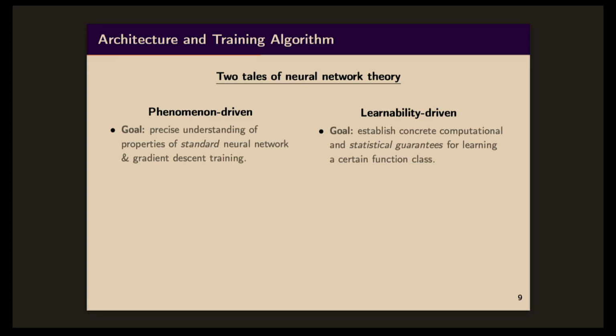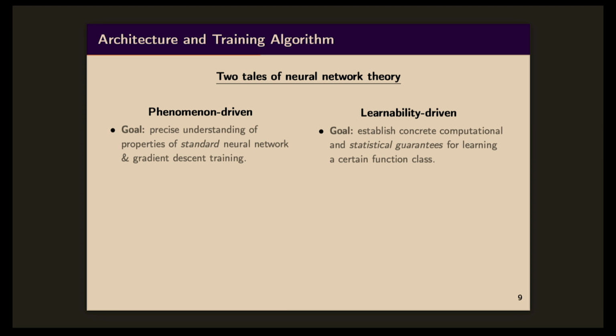Before I present the results, this is a very meta comment. In the deep learning theory, in the neural network theory literature, we often see two different kinds of perspective. One is driven by phenomena, where the goal is to precisely understand what happens in natural training. Here we do not aim to show that neural networks can learn a very large class of functions.